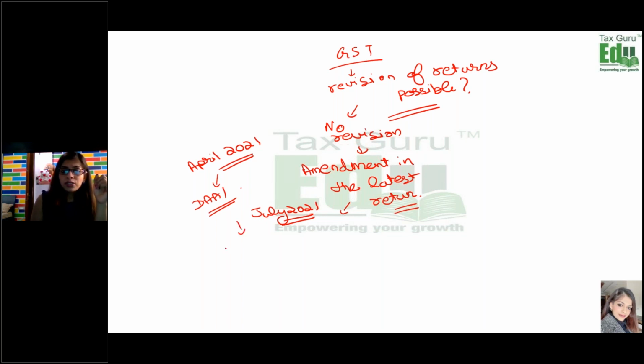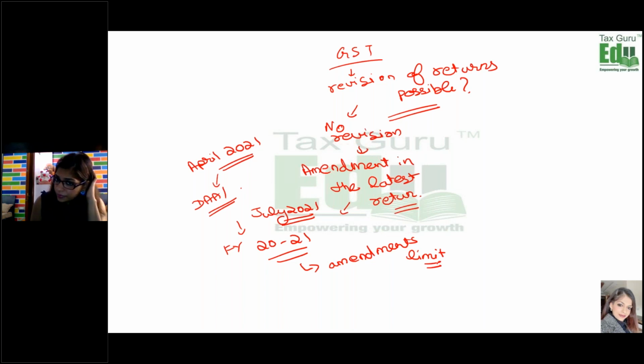Also, there is a rule which says that for financial year 2021, by when can I make the amendments? Answer please. What is the amendment limit? Okay, getting 30th September. Very correct. 30th September of the following year.